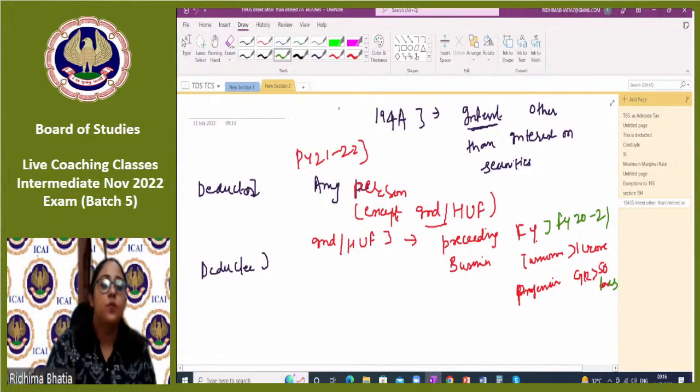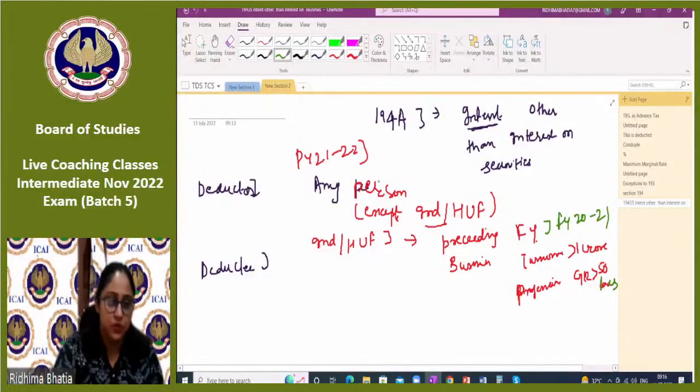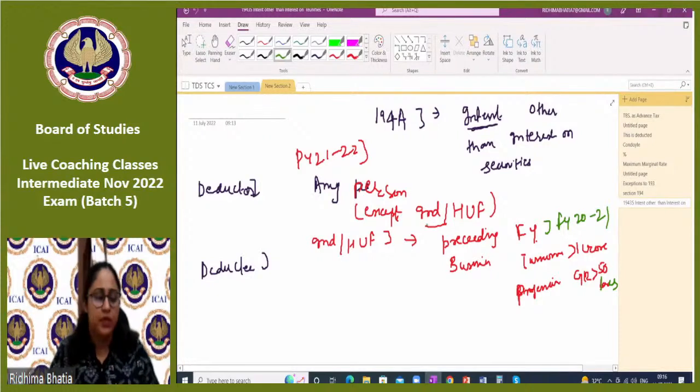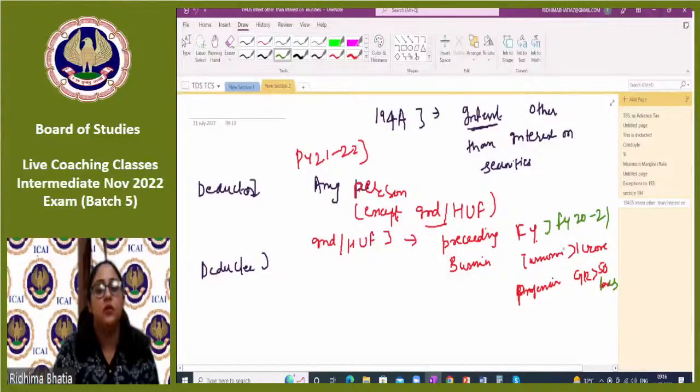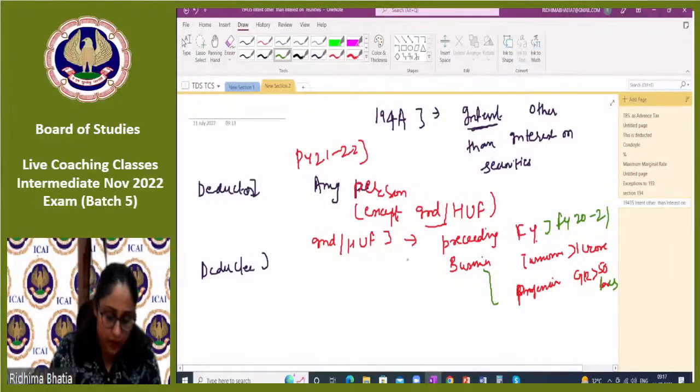The TDS is required to be deducted by any person except individual and HUF: company, firms, AOP, BOI, they have to deduct the TDS. But individual and HUF will only deduct the TDS on interest if in the preceding financial year the turnover is more than 1 crore or the gross receipts are more than 50 lakhs. And why so? I'll tell you why.